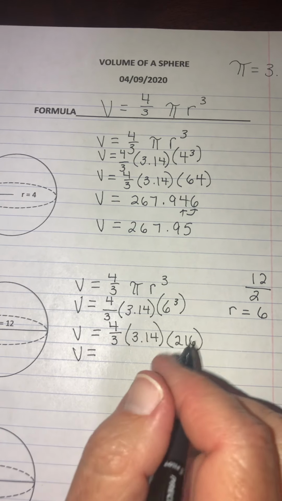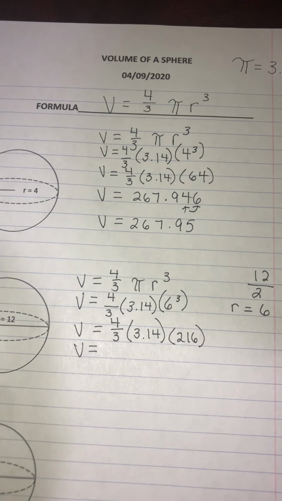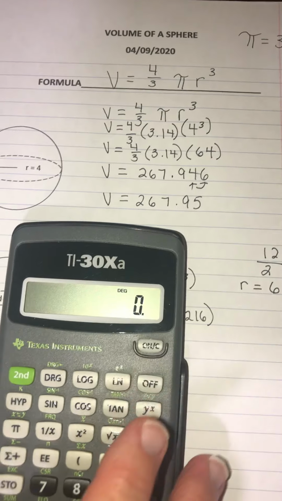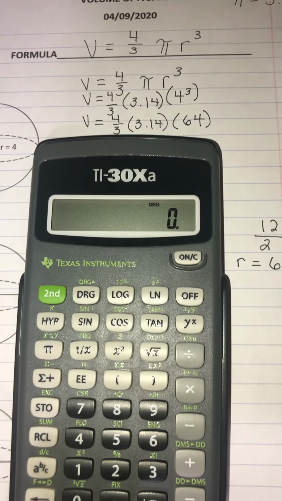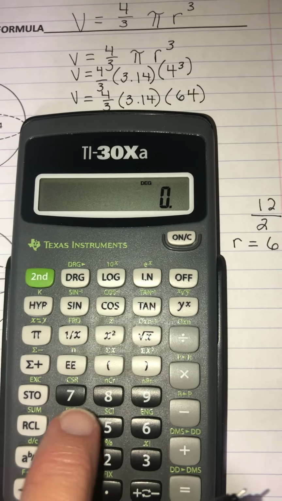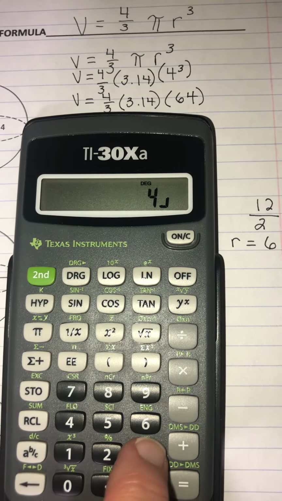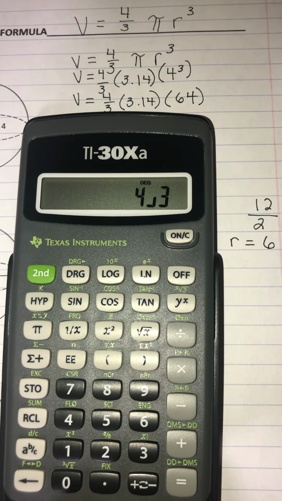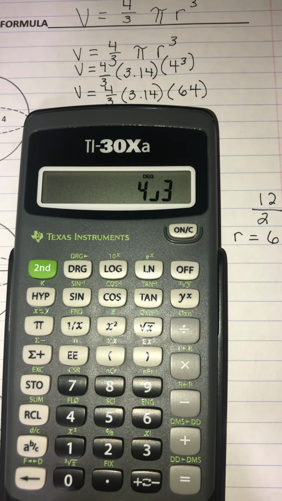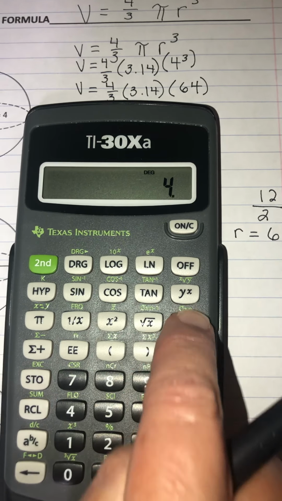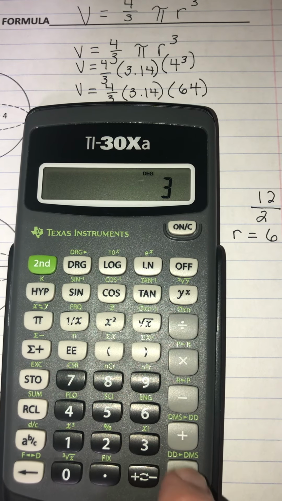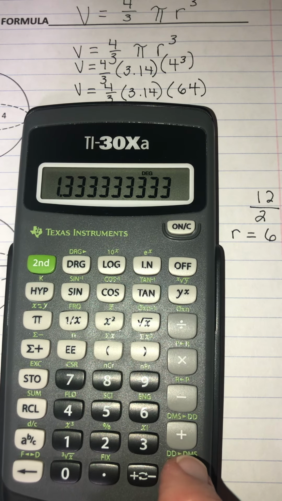Now, I want to show you something on the calculator about the 4/3 because some of you might have a problem with that. So for 4/3, if you have a TI-30XA, you could hit 4 ABC 3, and that would give you 4/3, and then multiply that out. If you don't, you would take 4 divided by 3 equals, and then multiply it out.